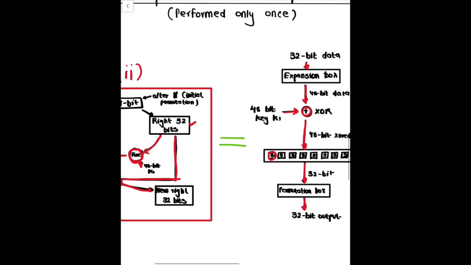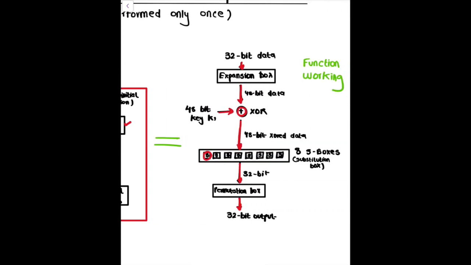Inside the function, the 32-bit data from the right half of the plaintext was converted to 48-bit data through the expansion box. This resultant data was XORed with the 48-bit key and then passed on to the substitution boxes, which converted it back to 32-bit data. This 32-bit data was put through a permutation box, and we finally got our 32-bit output, which would go on to be XORed with the left half of the plaintext.